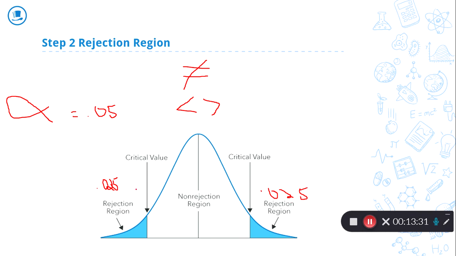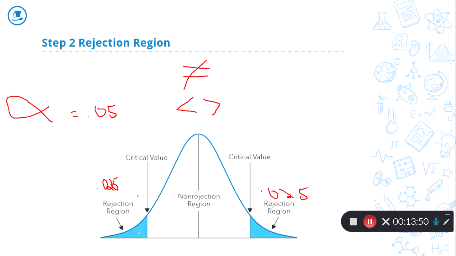In total, it's 5% of the entire curve, but we split that 5% into 2.5% down here and 2.5% up here. The rejection region is the same size as alpha 0.05 directional, but here it's just split in the two ends.